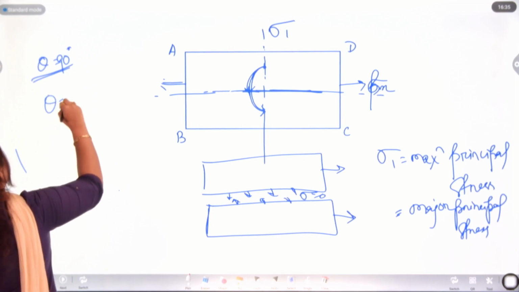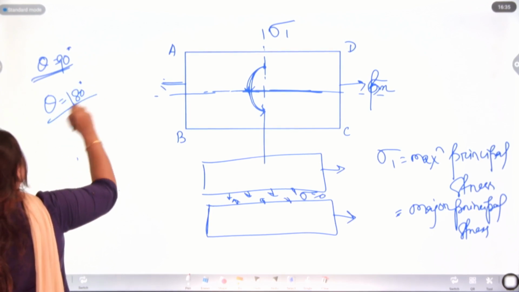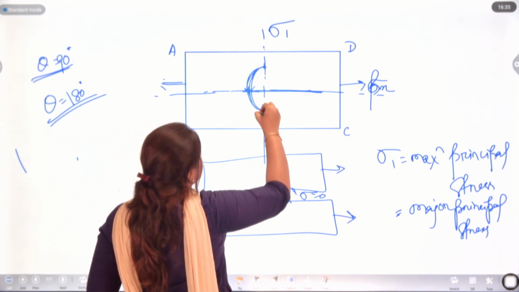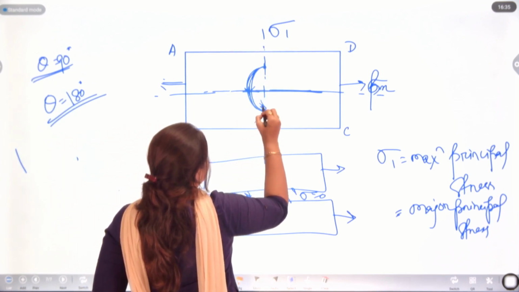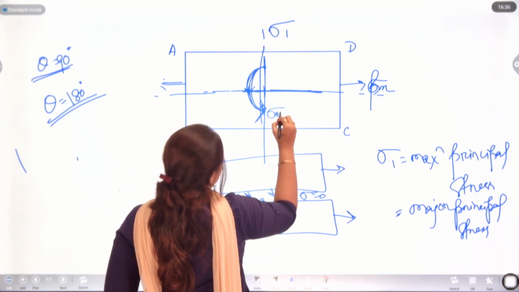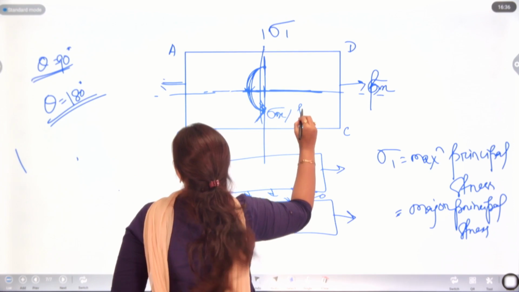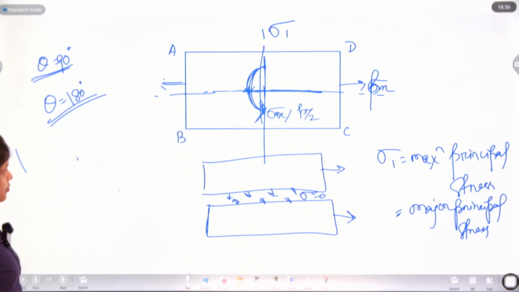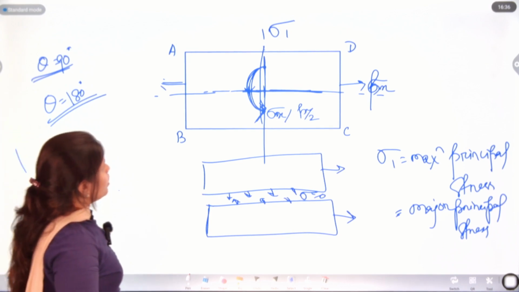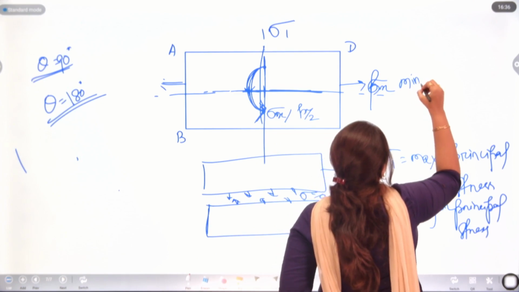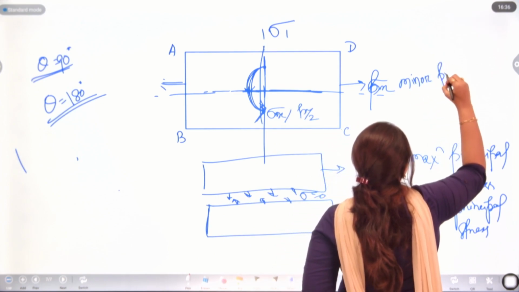If theta is equal to 180 degree, this plane will become similar, so sigma x will be Px by 2. Here we have our major principal stress and another one, that is minor principal stress.